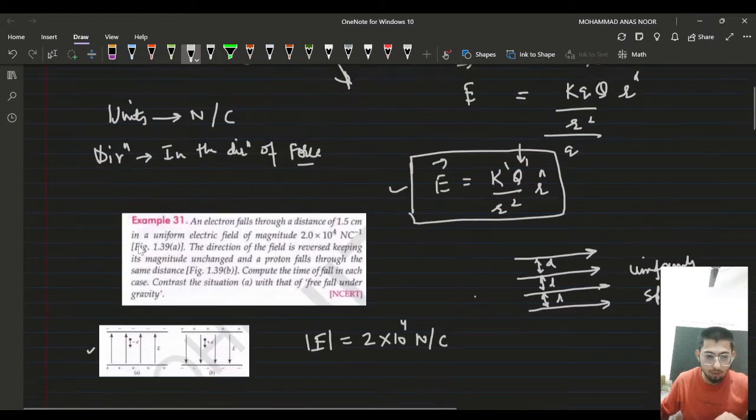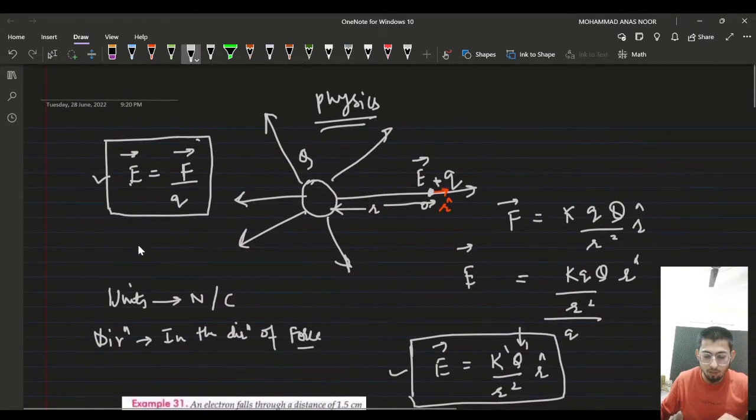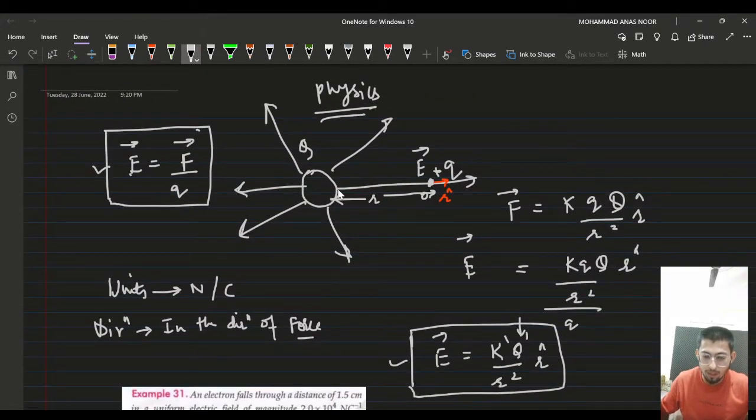I also told you how to find the direction of electric field at any point. If we want to find the electric field at this point due to the plus charge, this is the positive charge, right? A positive charge always leads to an electric field that is outwards.